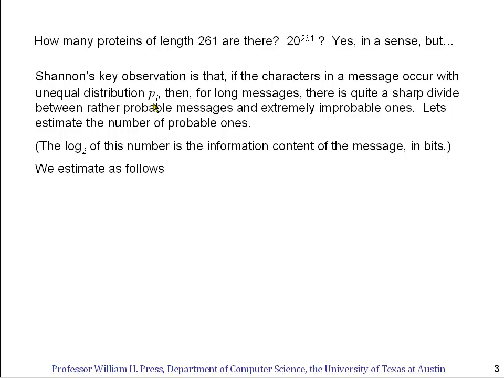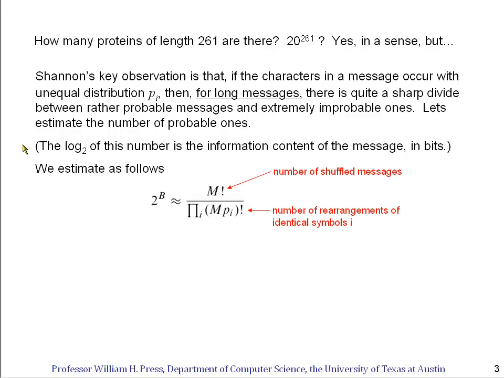So the information content is in a sense contained almost completely in the rather probable messages. Let's try to estimate how many these are. By the way, the log base 2 of the number of probable messages is the information content measured in bits. Because we're going to end up taking the log 2 to get the content in bits, we might as well start off by defining the number of probable messages to be 2 to the b.